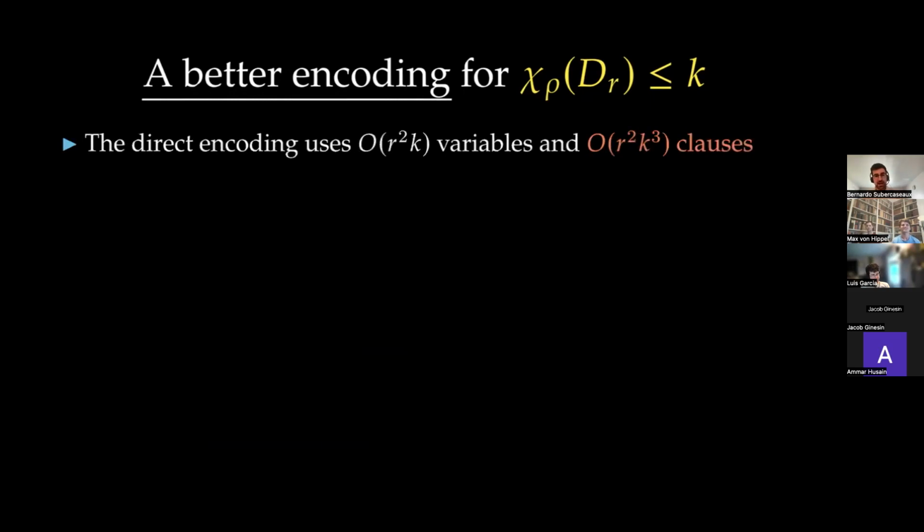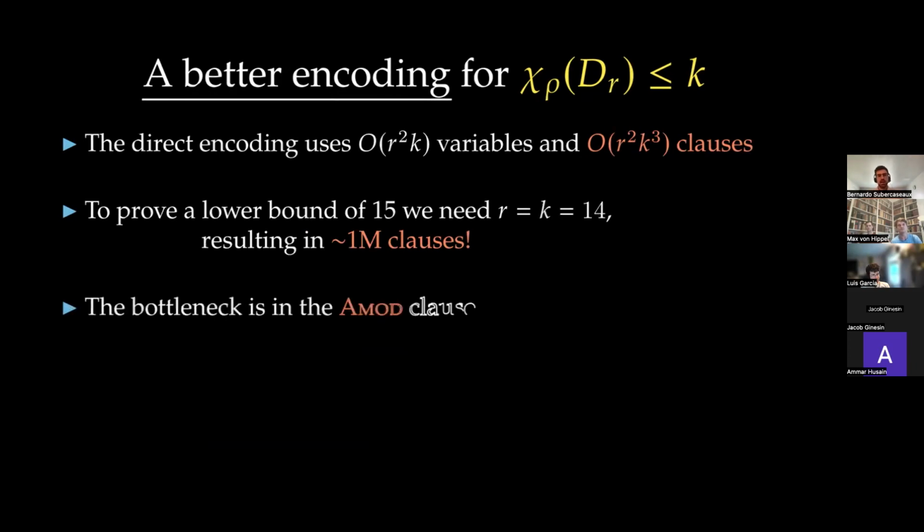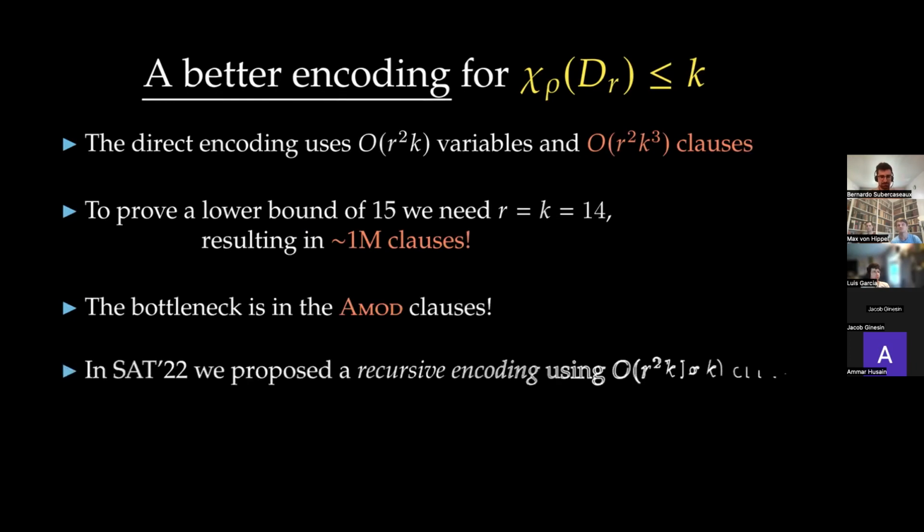So the direct encoding was using so many variables and way too many clauses. In order to prove the lower bound of 15, we need to set the parameters r and k to 14, which results, if you plug in the numbers, in roughly 1 million clauses. And the bottleneck is, of course, in the distance clauses.